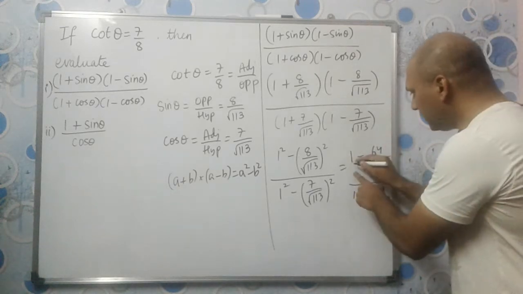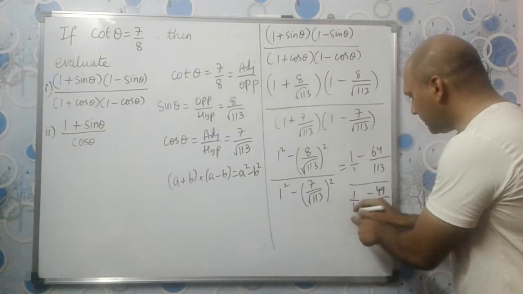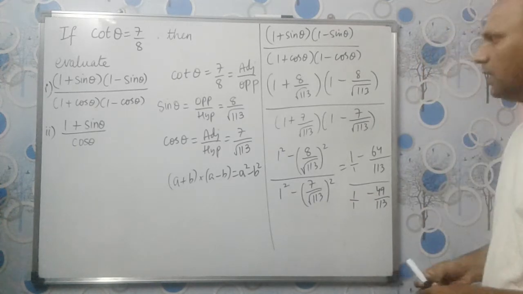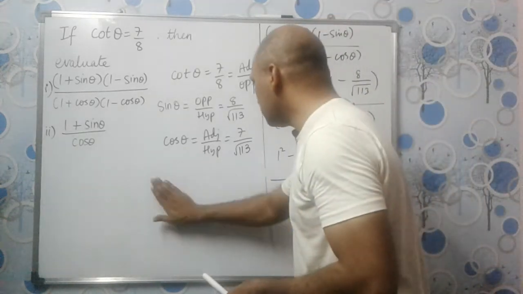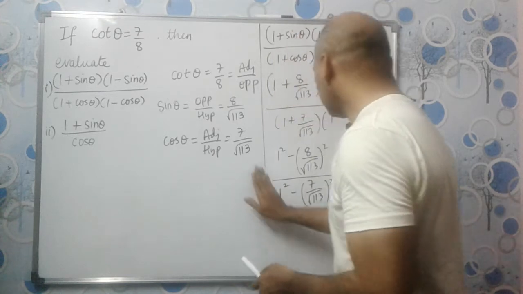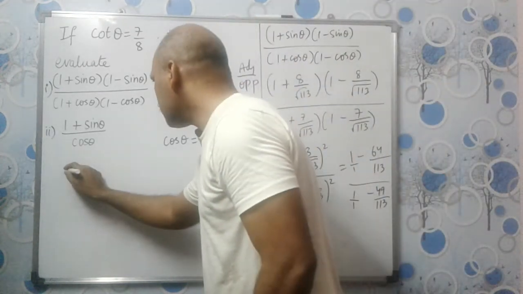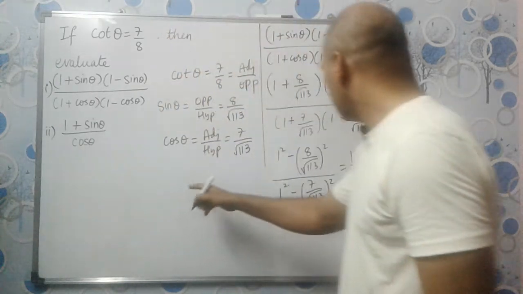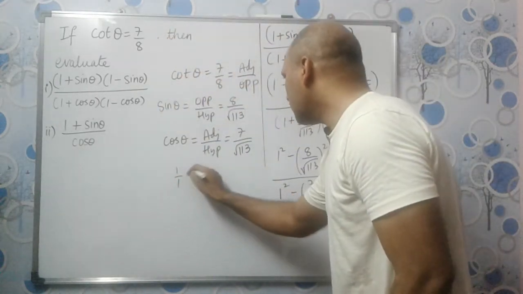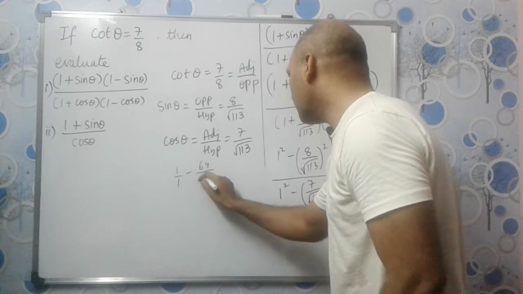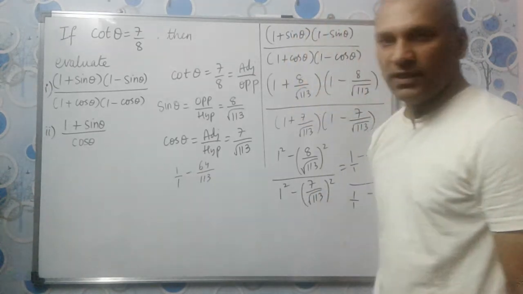If we have 1 here, let us write it as 1 by 1, and let us write this also as 1 by 1. Let me solve here. 1 by 1 minus 64 by 113. Denominators are different, right?